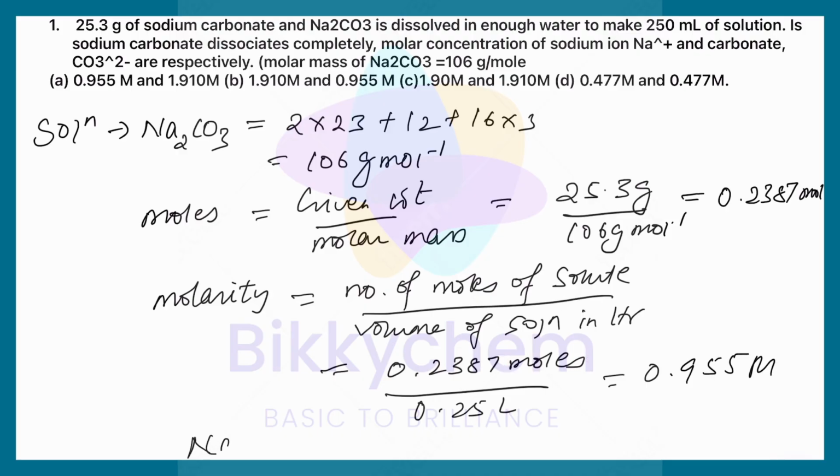So if we see Na2CO3, it is 2Na plus and CO3 2 minus.